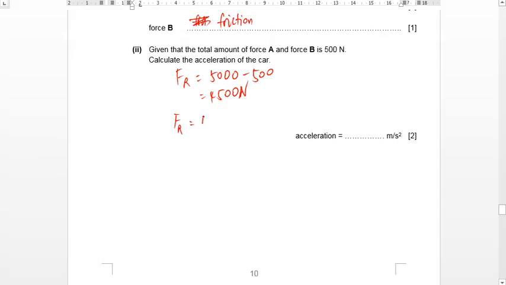Equals to MA. So M times A, where A is your acceleration.